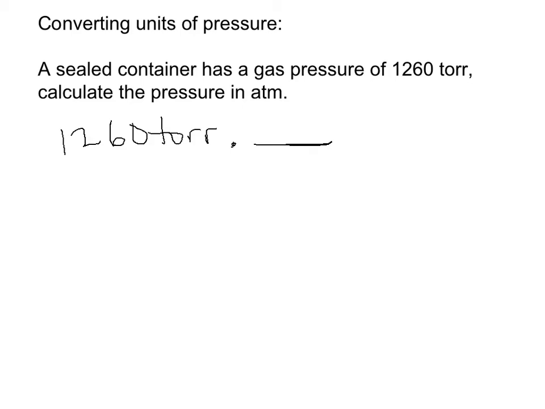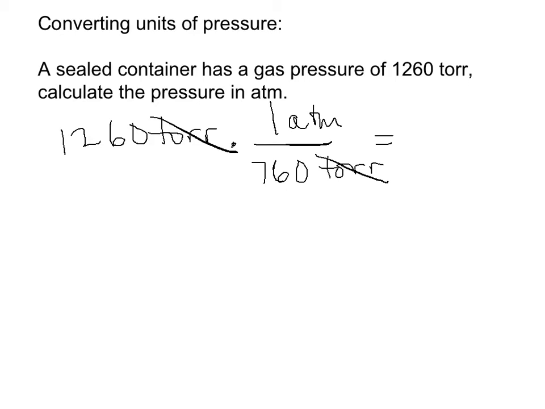So, since I know that relationship, and I want to get rid of torr, I need to put the torr on bottom. And how many? 760. So 760 torr is 1 atmosphere. The torrs cancel. I grab my calculator. 1260 times 1 divided by 760.